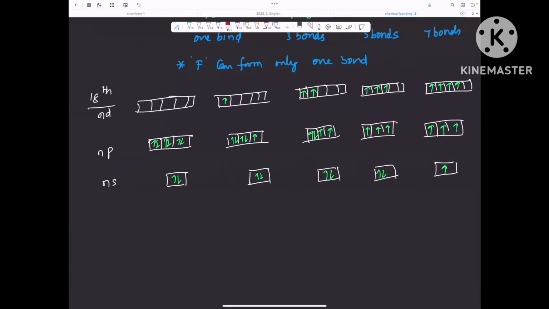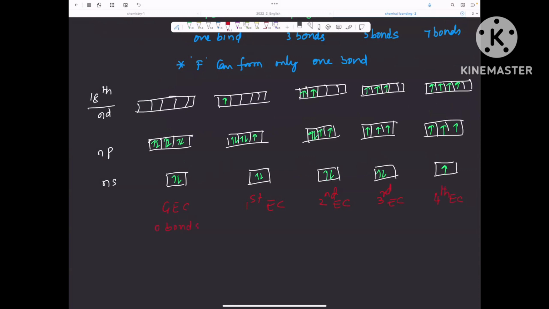This is the ground state electronic configuration, first excited, second excited, third excited, and fourth excited electronic configuration.